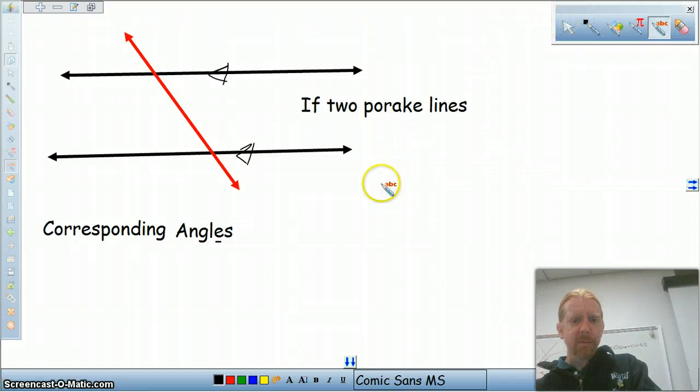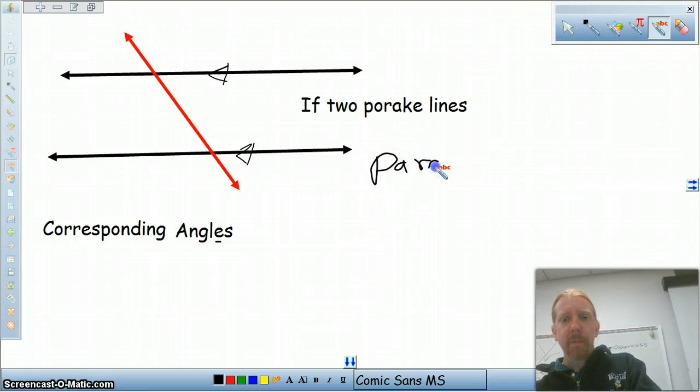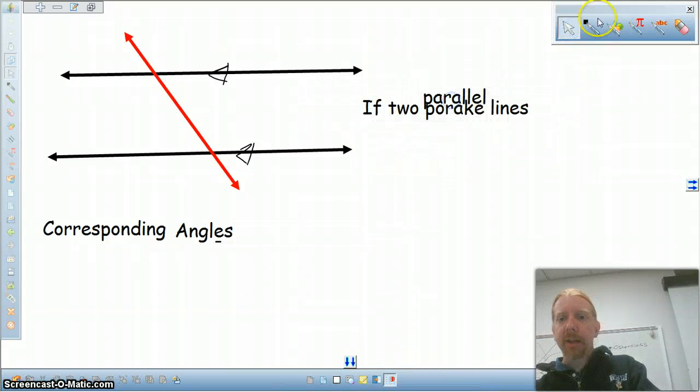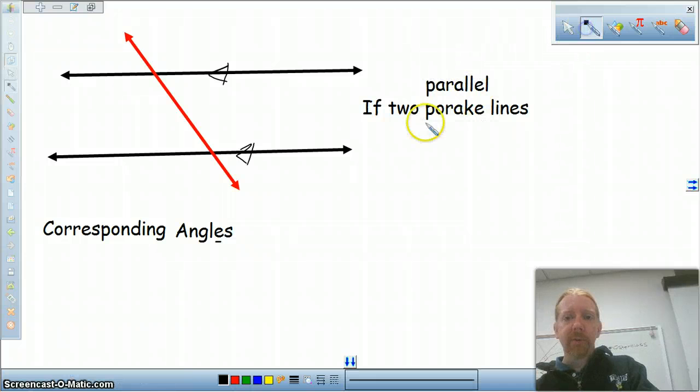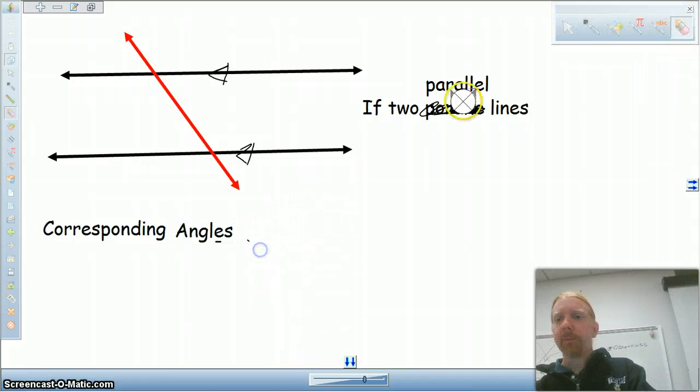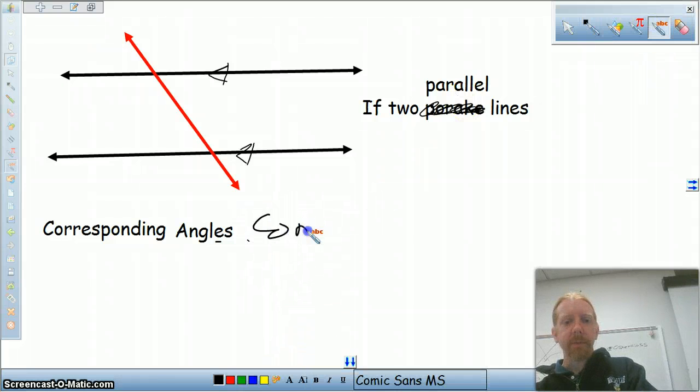Then, if two parallel lines are cut by a transversal, then everything that comes out of this, we know the corresponding angles are congruent.